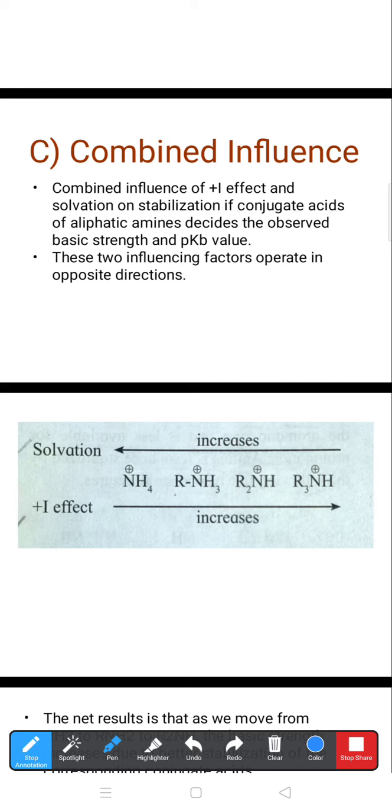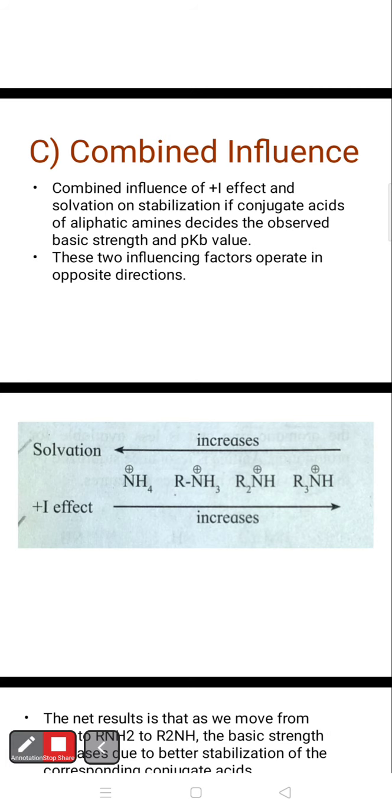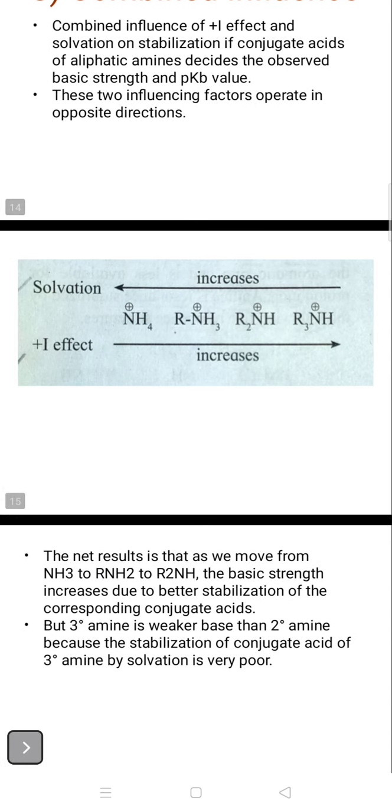In the previous slide I also said that as the number of hydrogen atoms decreases, the positive inductive effect, the plus I effect, increases, because an alkyl group has electron donating power. That's why if plus I increases, the solvation power decreases. So this reverse or inverse order you have to remember.